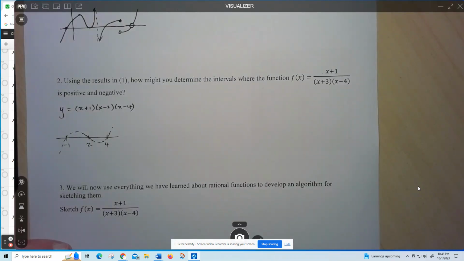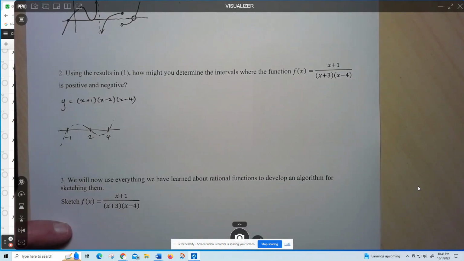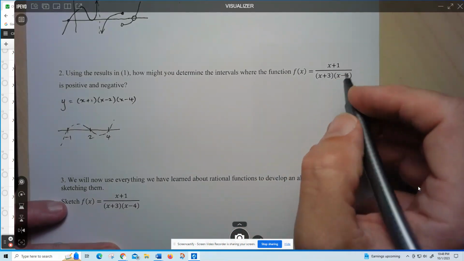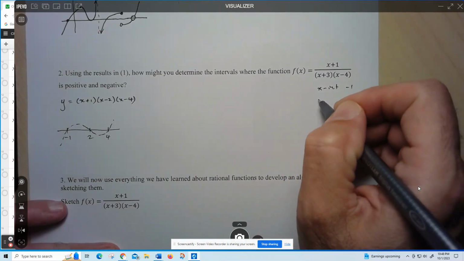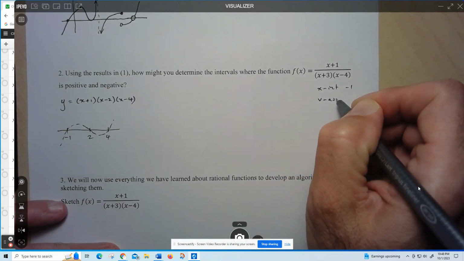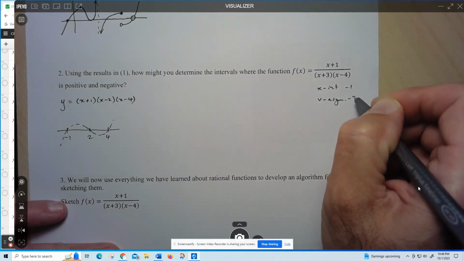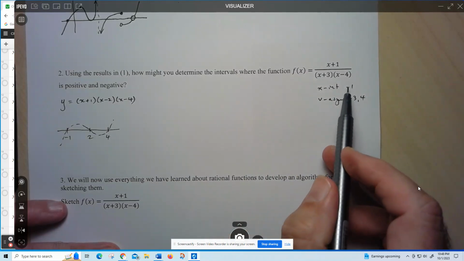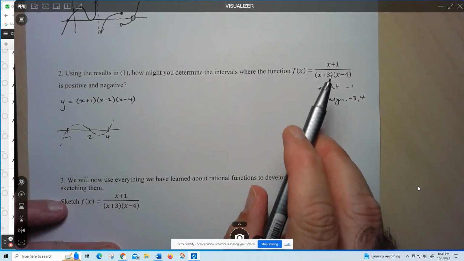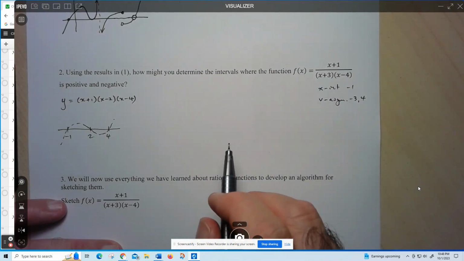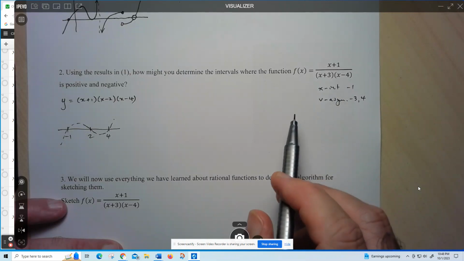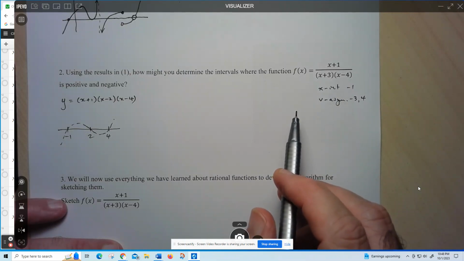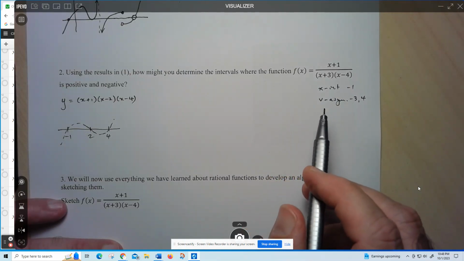All right, so we're back here, and let's see if we can come up with a strategy. So first thing I notice here is that there's an x-intercept at -1, and there's going to be vertical asymptotes at -3 and 4. These are the only places this function could possibly change signs. Okay, there's no holes, so there can't be one at the x-axis, and there's no jumps.